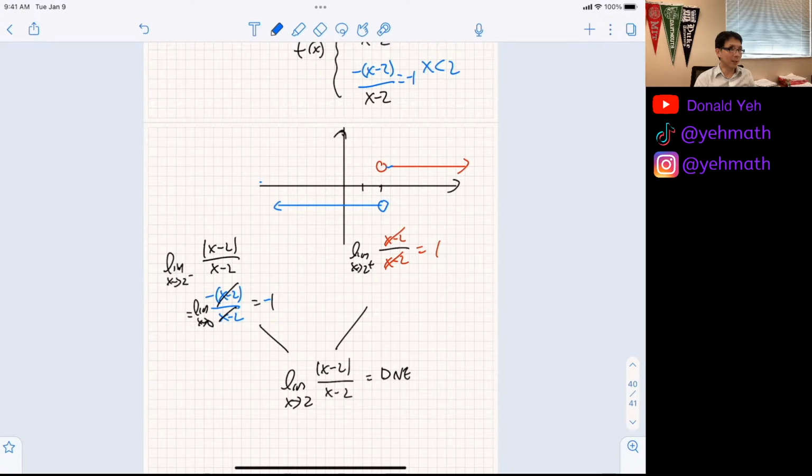It's not for sure the same value. So we're going to say that this limit does not exist. If you approach from the left you get one value, and if you approach from the right you get another value, it does not exist. Does that make sense? If they equal the same value, it does exist.